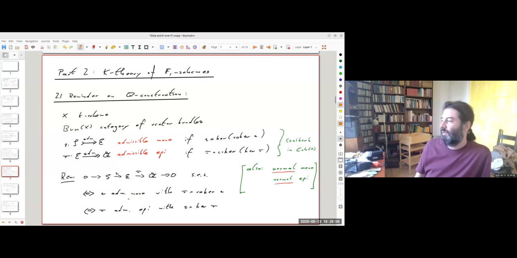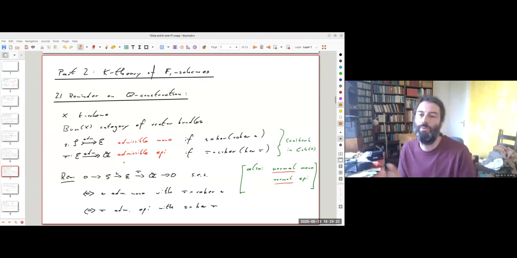And a remark is that iota is an admissible monomorphism if it's a kernel of its co-kernel, so we can say pi is a co-kernel of iota, and we get a short exact sequence. And conversely, if we have pi an epimorphism, then it's admissible if we can complete it with iota to a short exact sequence.